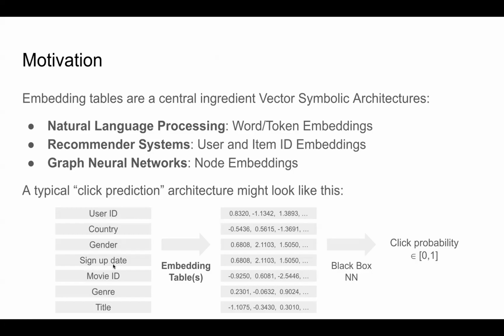There could be a sign-up date that could be even bigger than the number of users. If it's a movie we're interested in, there will be a movie ID. Each of these IDs then gets looked up in an embedding table to some vectors of some high dimensional size, and you can then put these vectors into your neural network or your VSA algebra, and do everything you need to do.